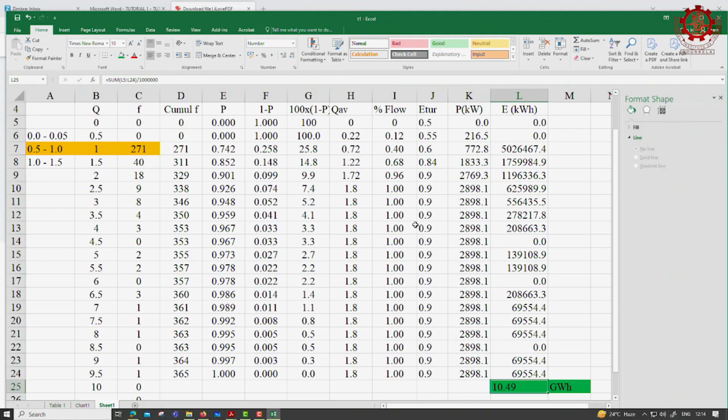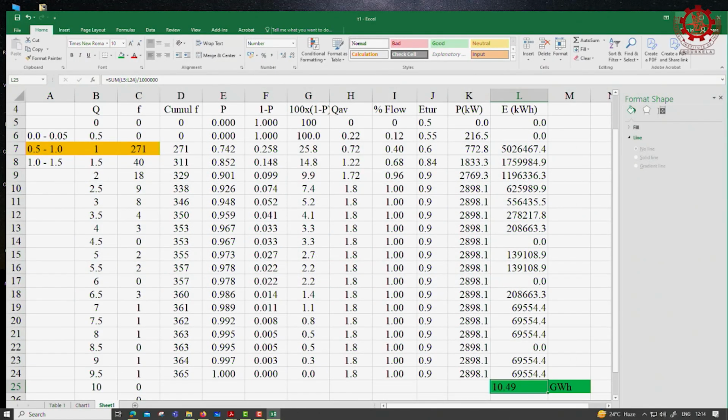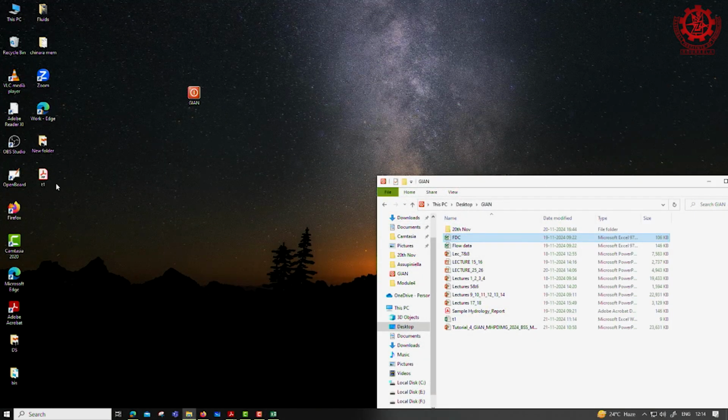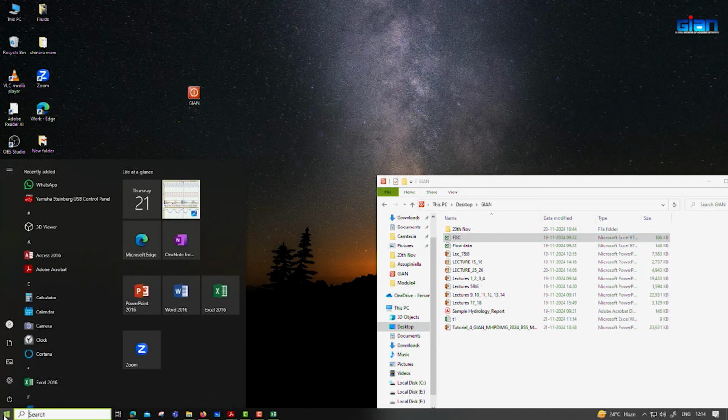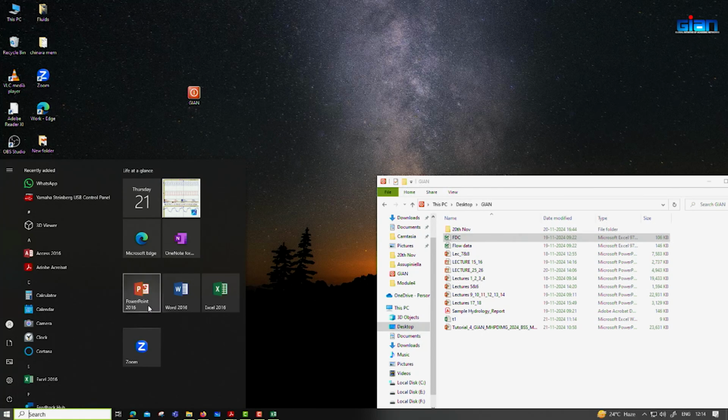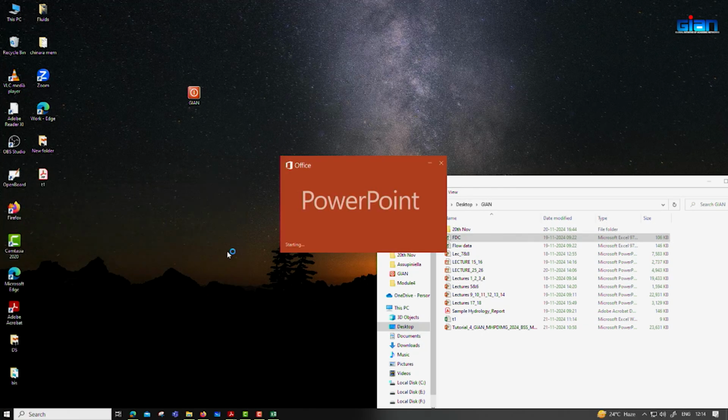And when you are opting for 2 turbines, turbine operation will also be different, right. Let me explain it a little bit. I will take a blank slide and then explain.